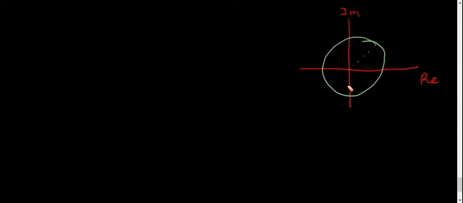Though it doesn't look like a circle completely, but yeah, this is a circle. And this circle can be parameterized. Since the radius is fixed, it can be parameterized by only one parameter, that is the angle that it makes with the positive real axis, and theta starts from 0 and goes all the way to 2 pi.